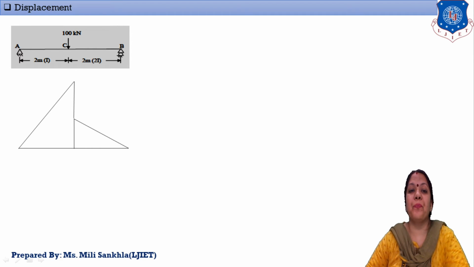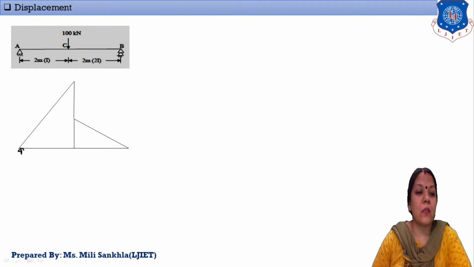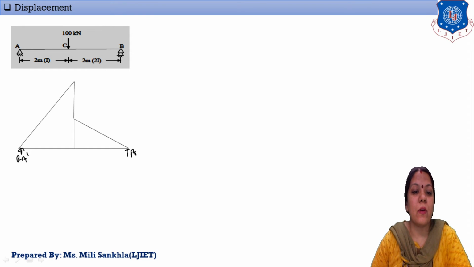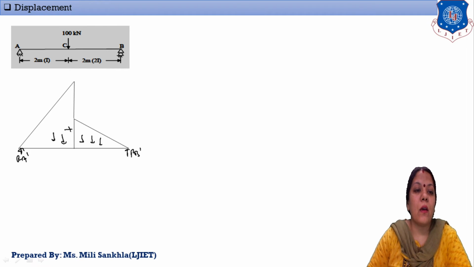Here we complete the figure again. Simply give the notation. This is our RA dash, and here is our RB dash. Forces are in the down direction. This height is 100 by EI, and this height is 50 by EI.